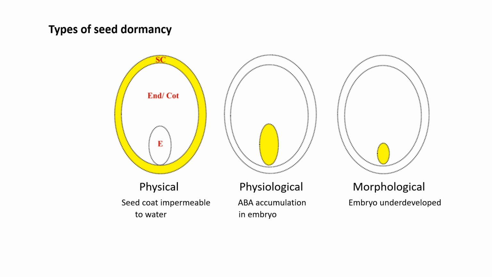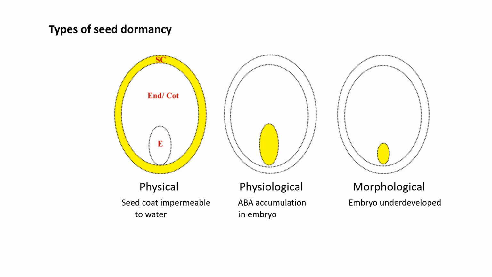This is called physical dormancy and is imposed by the maternal tissues like testa or endosperm tissues surrounding the embryo. Seed coat thickness and the deposition of polymers such as tannin and suberin in it enable the seed to remain in a dormant state.